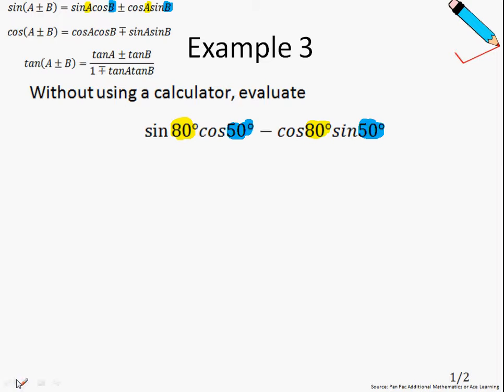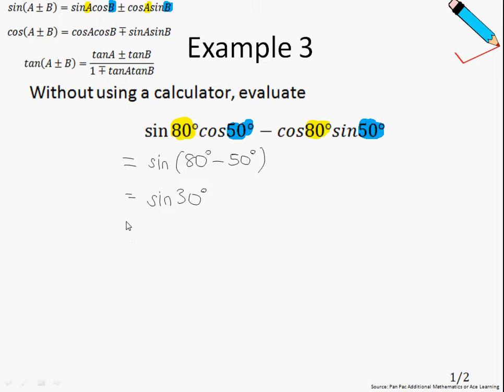I'm going to transform this to make it look like the left hand side of the formula. The left hand side of the formula says sine A minus B, so it will be sine of 80 degrees minus 50 degrees, since A is 80 and B is 50. If you simplify this, you will just get sine 30 degrees.